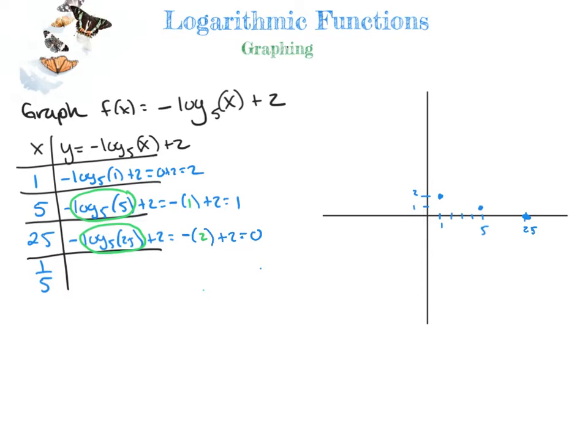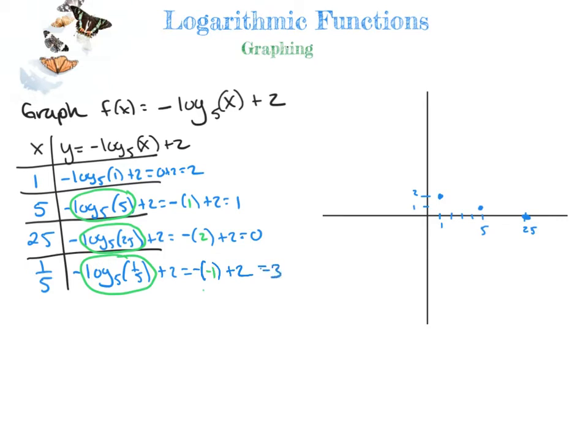And when x is 1/5, negative log base 5 of 1 over 5 plus 2. Okay, so doing this again first, the exponent that goes on 5 to make it a 1 over 5 is negative 1. So this will be negative negative 1, which is 1, plus 2 is 3.